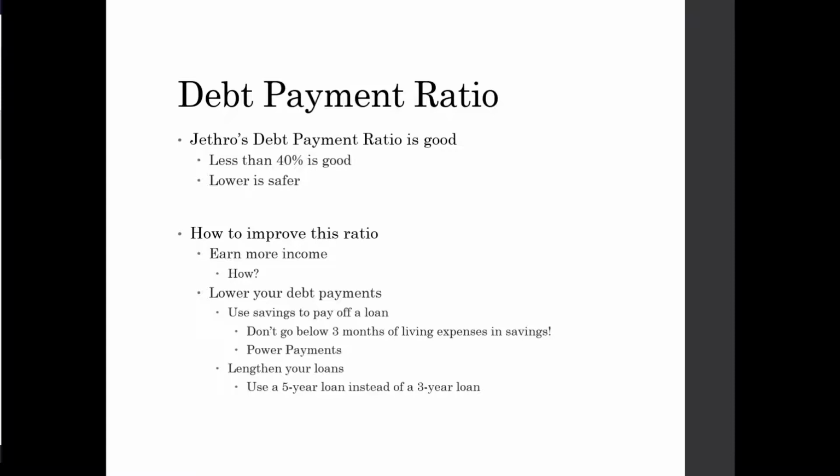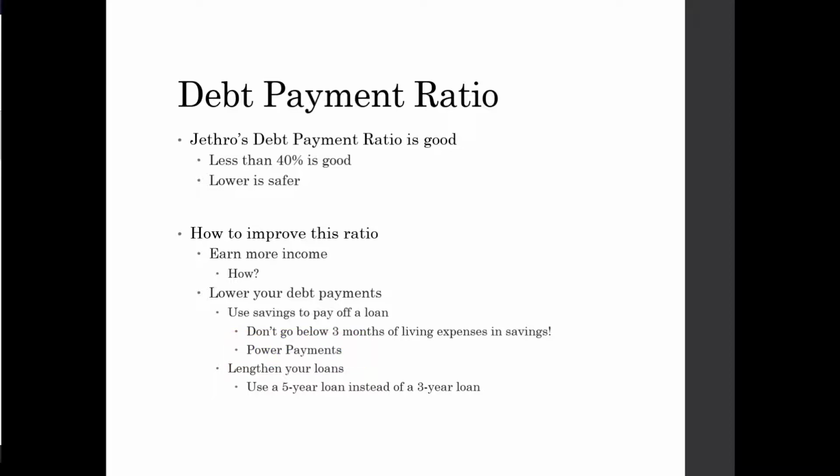But again, try not to go below 3 months worth of living expenses in your savings accounts. That's for that emergency, for when bad things happen. We want to be able to have that cash available. Another thing we'll talk about later in the semester is called power payments. And this says that as you pay off one loan, take the money you were paying on that loan and add it to another loan payment. So for example, say you have 2 loans.